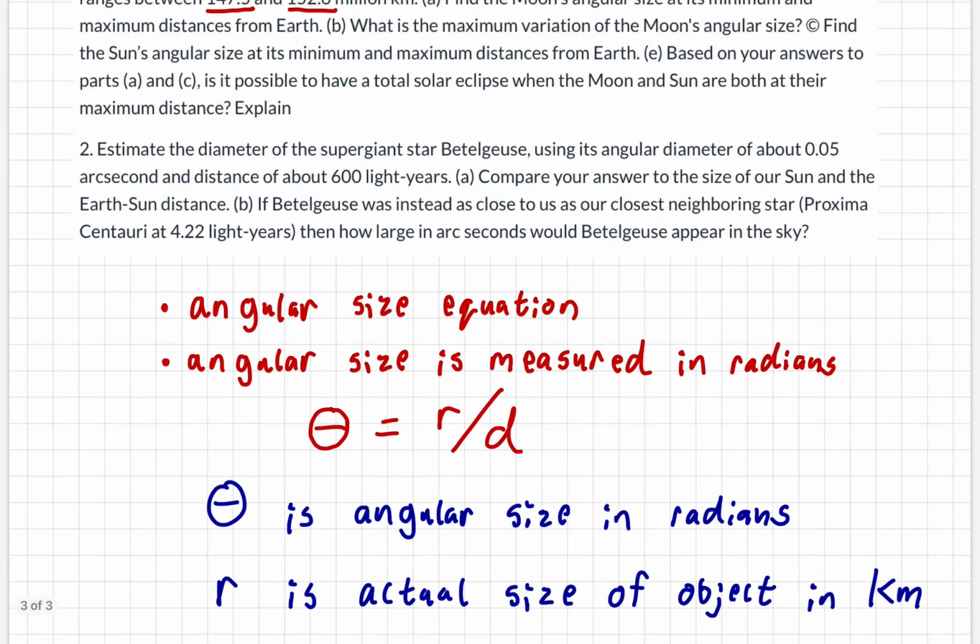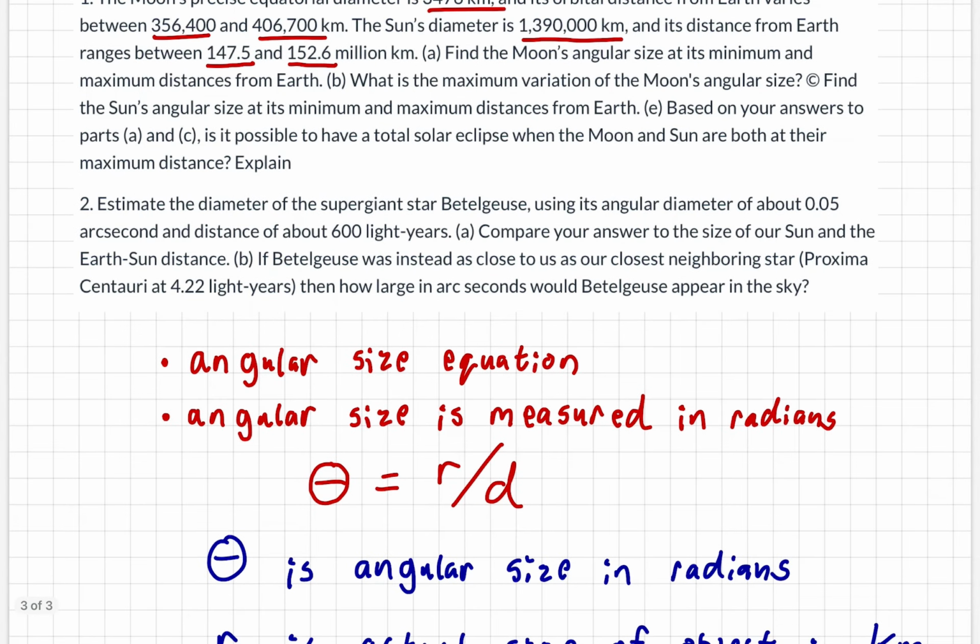If we take a look at what I'm asking for in part A, where I say find the moon's angular size at its minimum and maximum distances, you're going to be finding its maximum and minimum angular size, in that order, by the way. Because when the moon is at its minimum distance, that's when it's closest to Earth, it's going to be the biggest size.